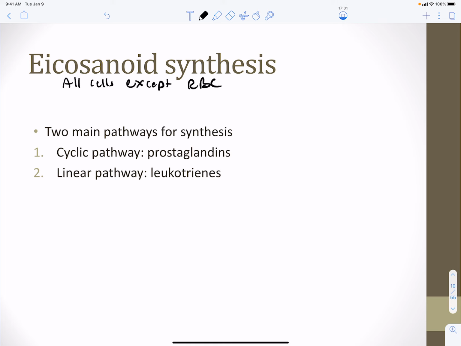So they all can do this. Eicosanoids are extremely potent, so a little goes a long way. So you don't need much.